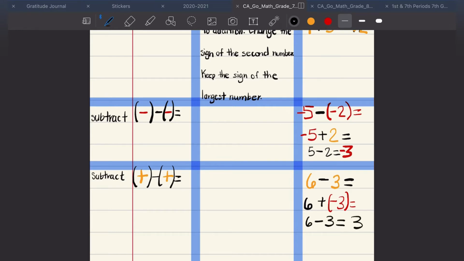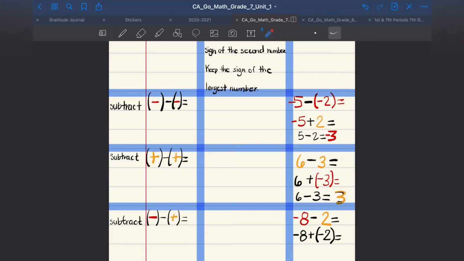That gives me a 3. 6 is a greater number and is positive, therefore my answer has to be positive. You can either look at the absolute value or you can look back at the addition rules and you'll be able to do it. But even if you do the absolute value of each, if you just do 8 plus 2, that gives you 10, and then you keep the sign of the greatest number, which is the negative 8. Therefore, your answer has to be negative.